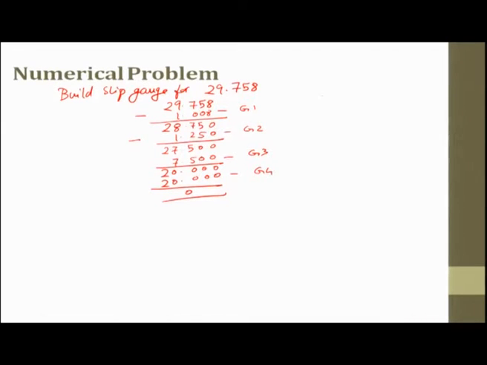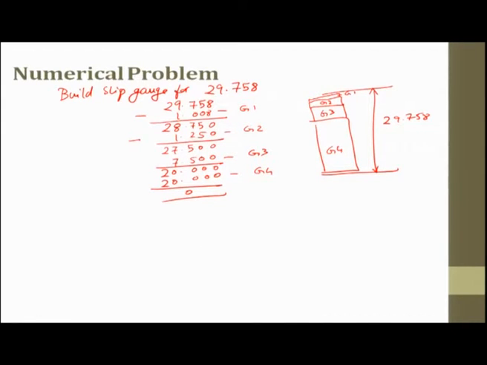That means to say I would first put 20, this is gauge 4, then I put 7.5 gauge 3, then I put 1.25 gauge 2 and I have gauge 1. So, this entire height is now 29.758. I have used ringing of the gauges to get this proper alignment.